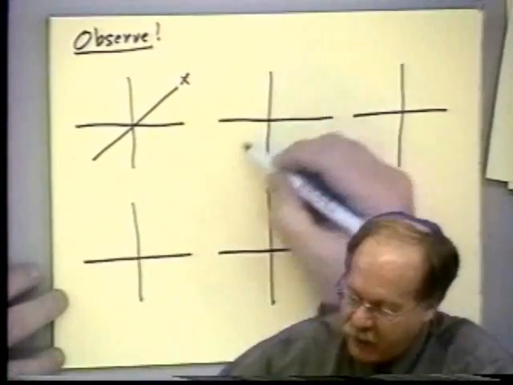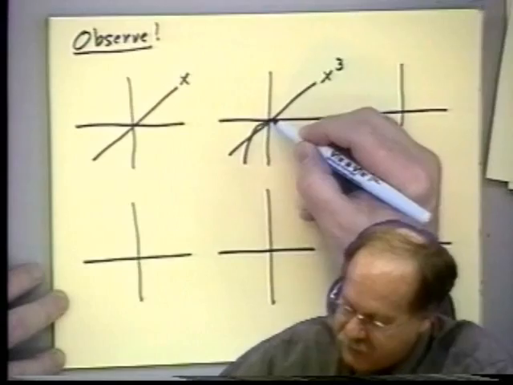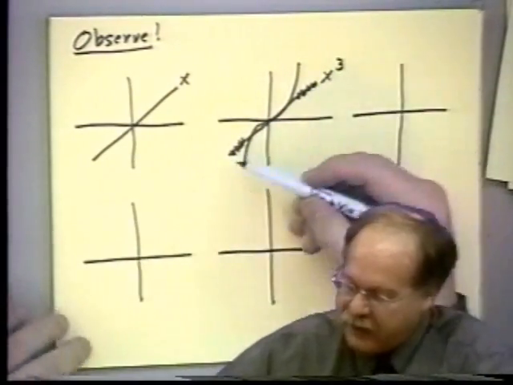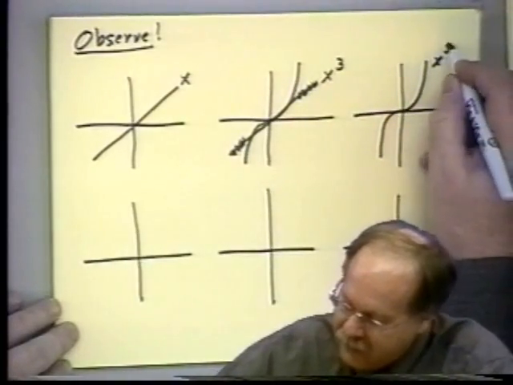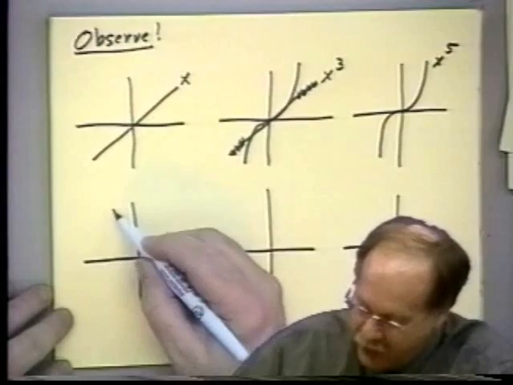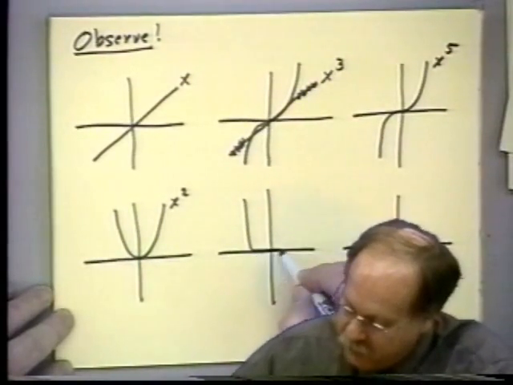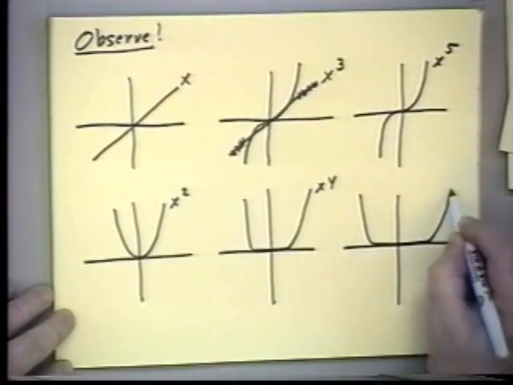Here is the graph of x, odd power. Here is x cubed. X cubed, of course, looks like this. I drew the x again. Well, that's all right. The x cubed looks like that. X to the 5th flattens out a bit. X squared, as you know, looks like this. X to the 4th looks like this. X to the 5th flattens even more.